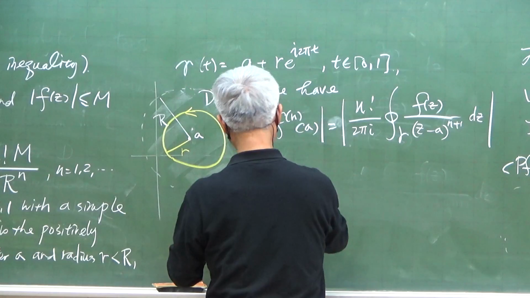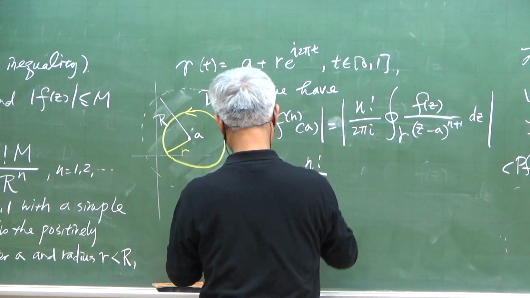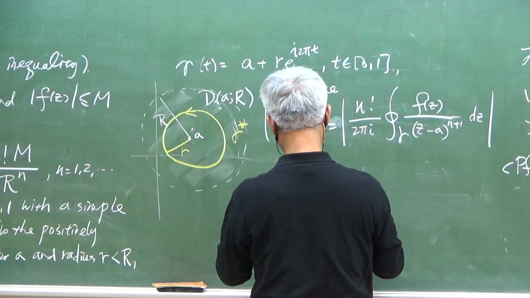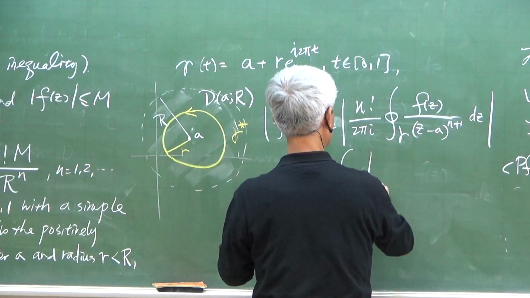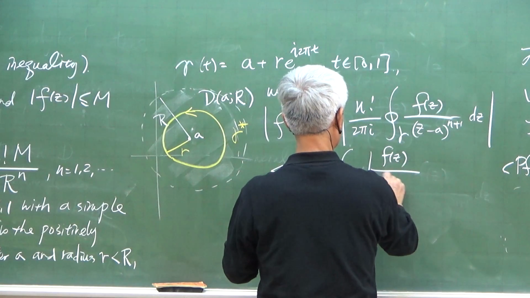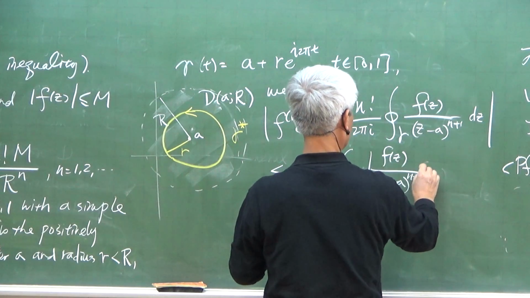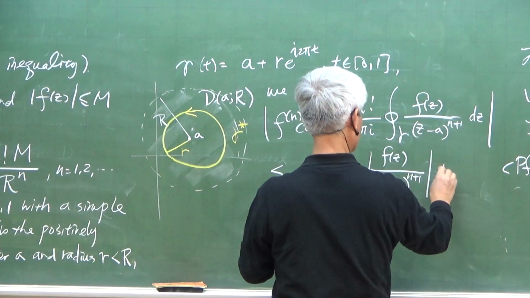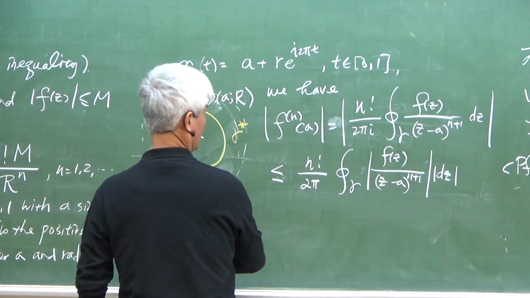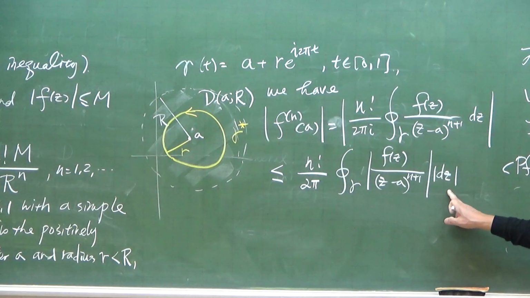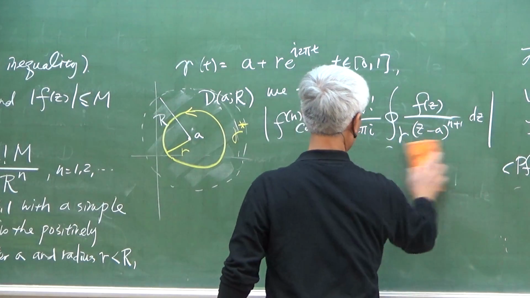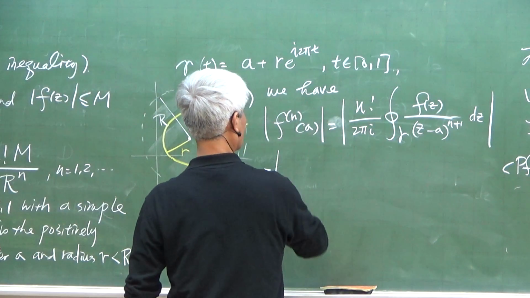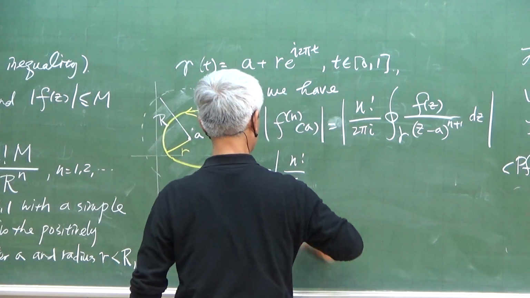So of course the absolute value is less than or equal to n factorial over 2 pi times the integral over gamma of the absolute value of f(z) over |z minus a| to the n plus 1, dz. If you don't like this expression, actually this is just the differential arc length. But if you don't like that, that's fine. We can do it in this way.